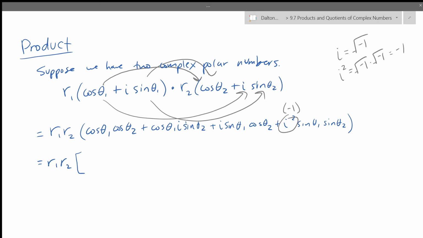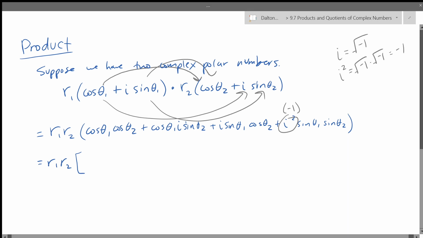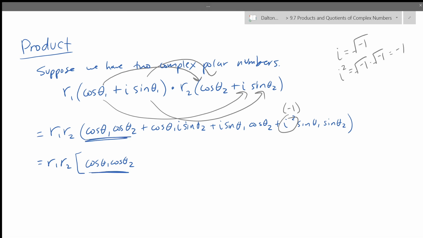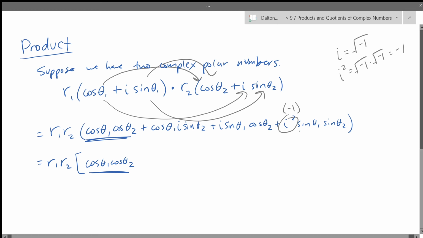So if we change that and rearrange a couple of things, we're going to have cosine theta 1, cosine theta 2. We're going to leave that alone. So let me color code things. Okay, so that's the blue. Then I want to bring in this part that we just did, minus sine theta 1, sine theta 2, and I'm going to group those in parentheses.